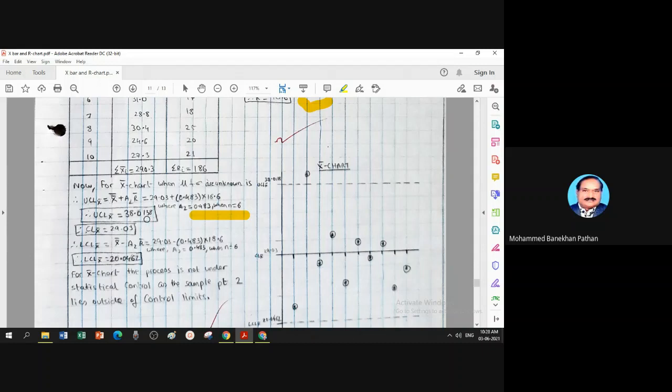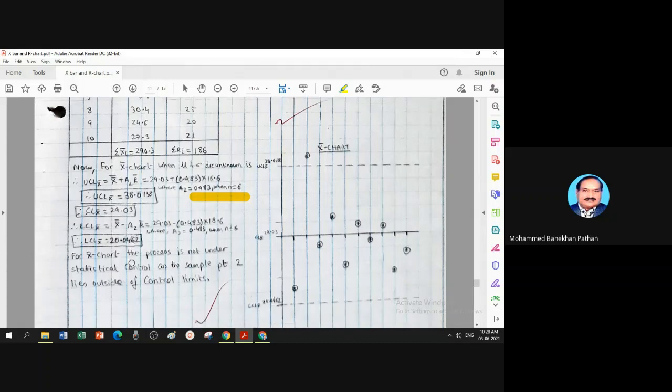So this is your upper control limit for the process from which this sample data is drawn. The central line is X double bar, which you calculated. For the lower control limit, replace the plus sign by minus, and that is the answer for the lower control limit.